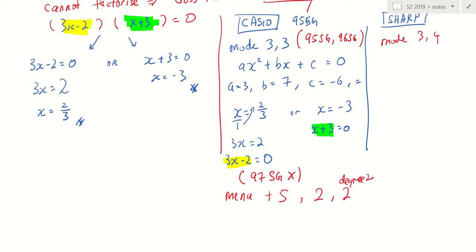Then you will see A, B, C, you key in. Anyone using a different calculator? No. Okay, can everyone try this and see? I want you to have these two answers. Can everyone try now? Then x equals to 2/3. Press equal again. x equals to negative 3.